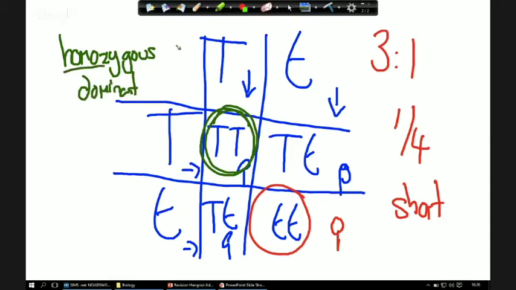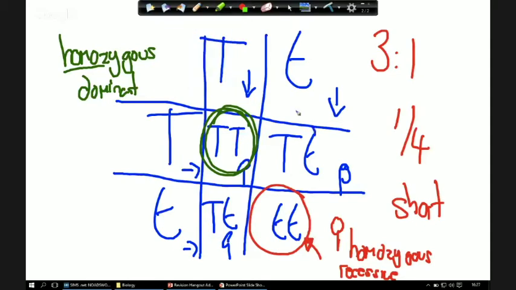Both the same. We've got our homozygous recessive. The short plant has 2 alleles, both the same, but they're recessive. It makes that particular plant short.